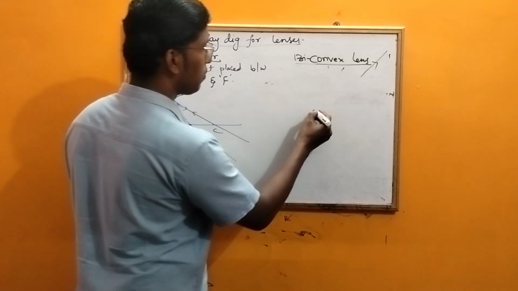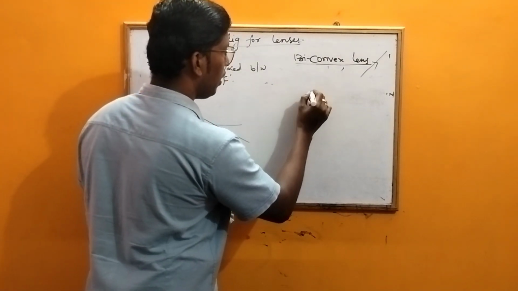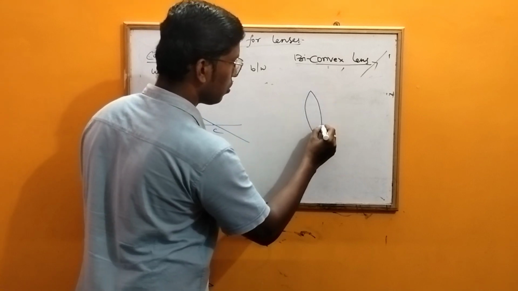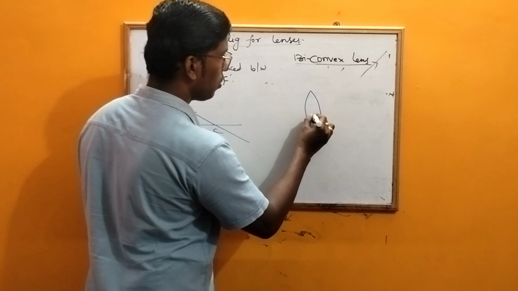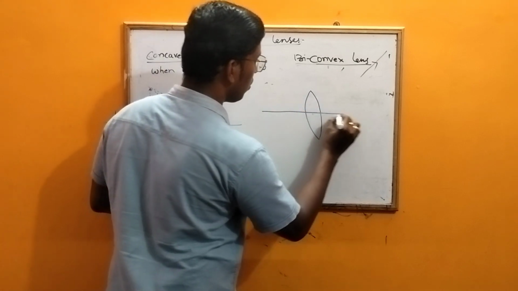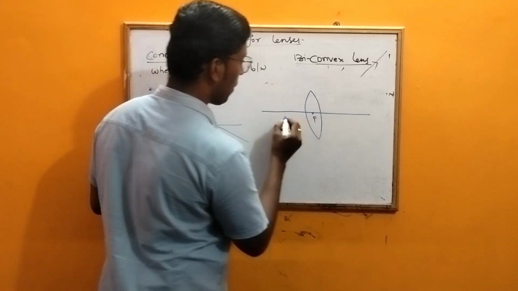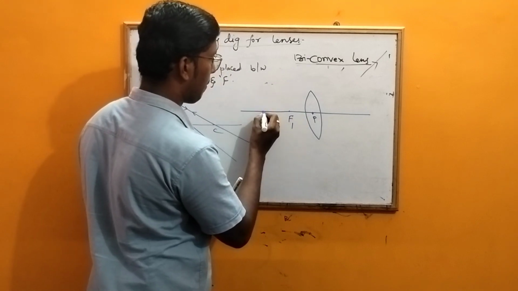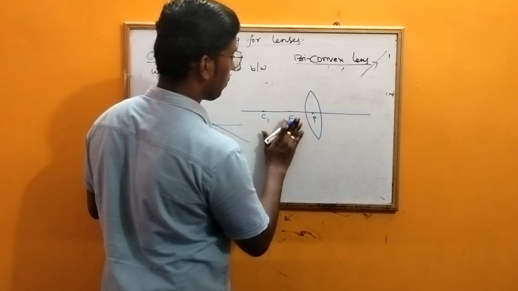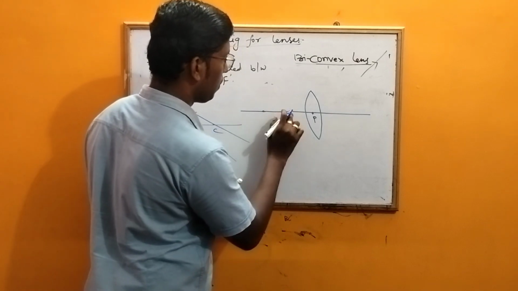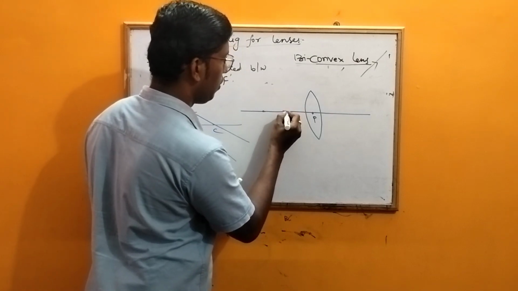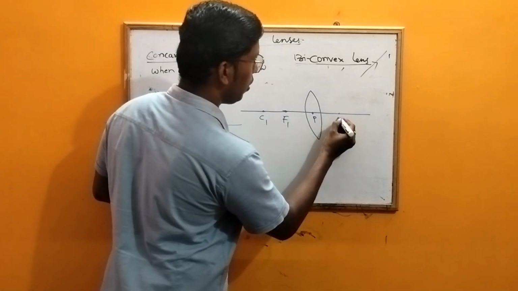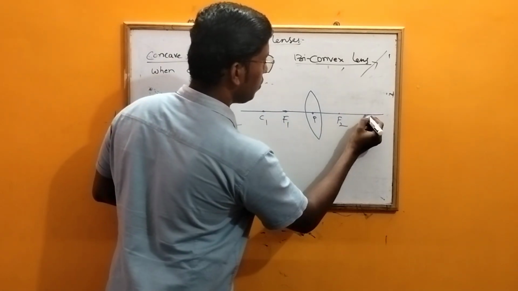Now come to the lens. Okay, lens. Here F1 and C1, F2 and C2.